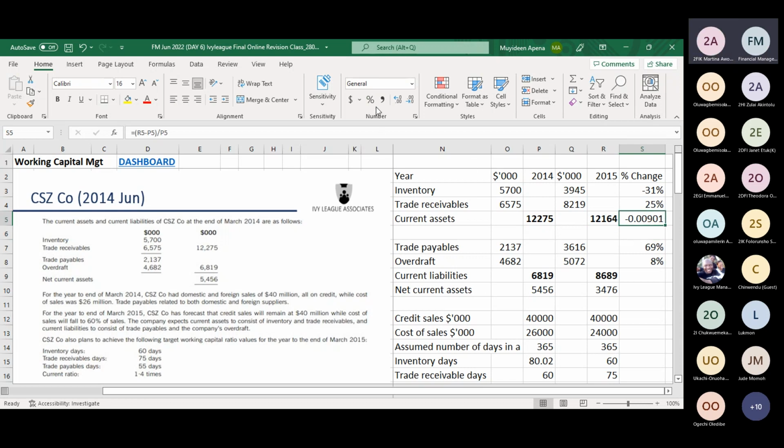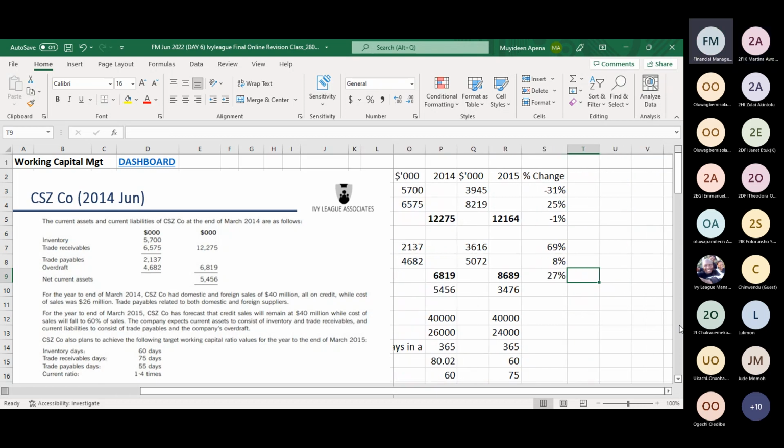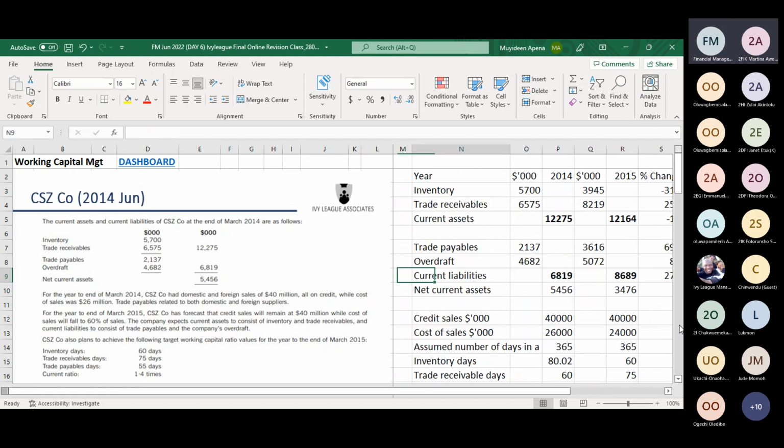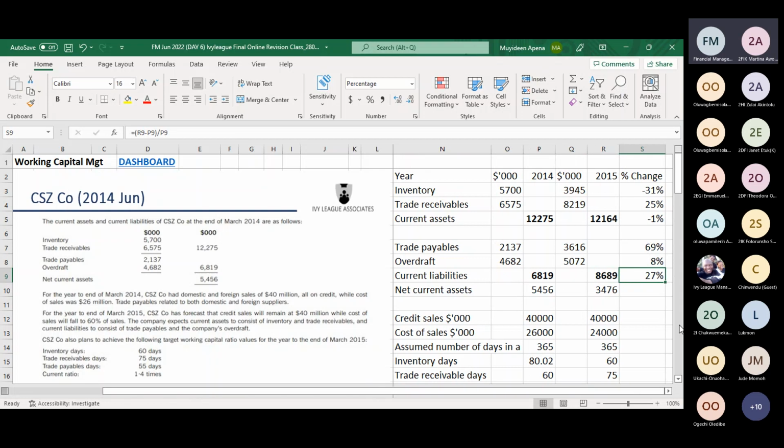So we can see a 1% drop in current assets, and then current liabilities increased by 27%. Right? And then it extends further to net current assets, a 6% drop.